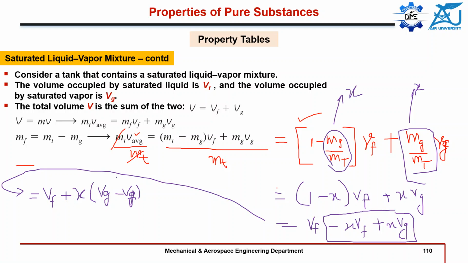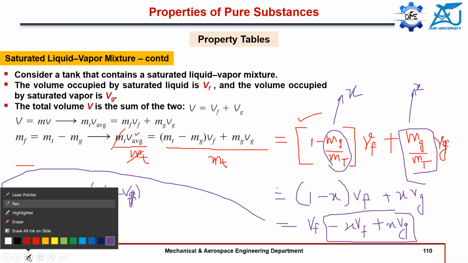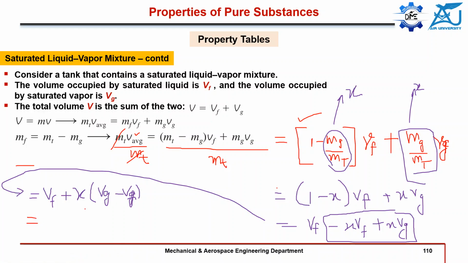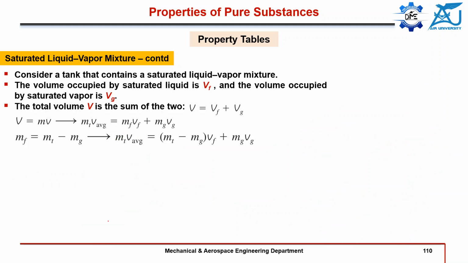So what is this term vg minus vf? So v equals vf plus x times vfg. This is called the difference between these two, and we write it as vfg. So after this we get this value.